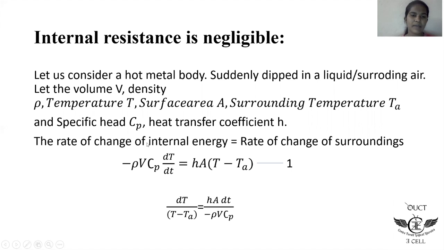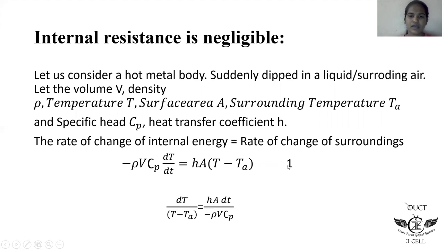Taking an energy balance on both the body and the surrounding liquid, the change of internal energy of the metal body is rho V Cp dT by dt, equal to the heat exchanged with the surroundings, which may be a liquid or hot or cool air, a fluid. We take the convection formula hA into (T minus TA).